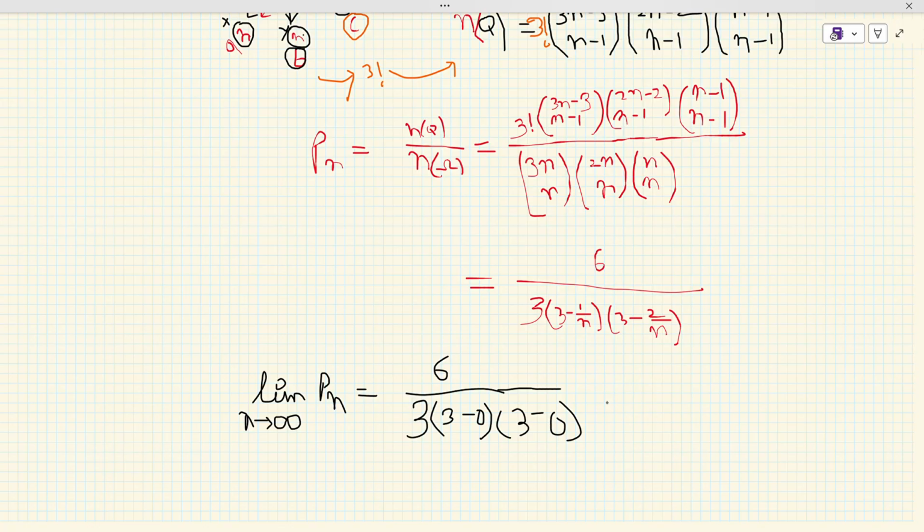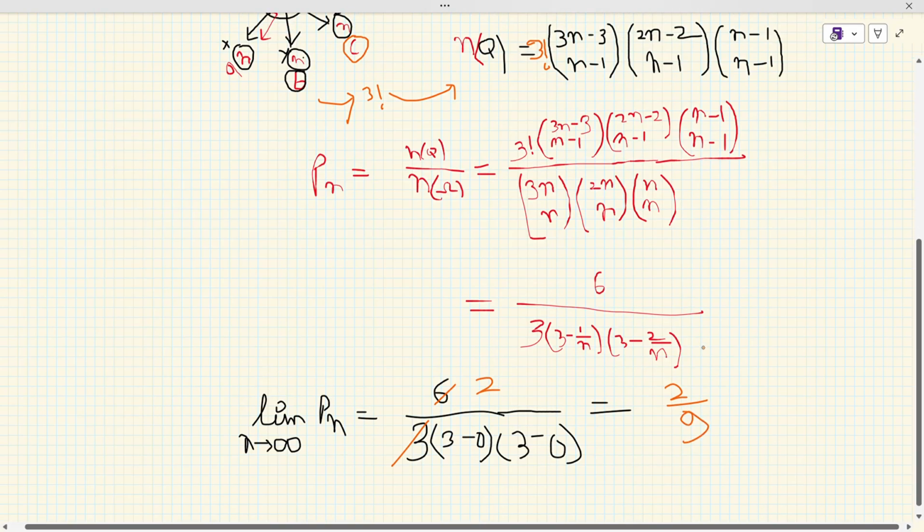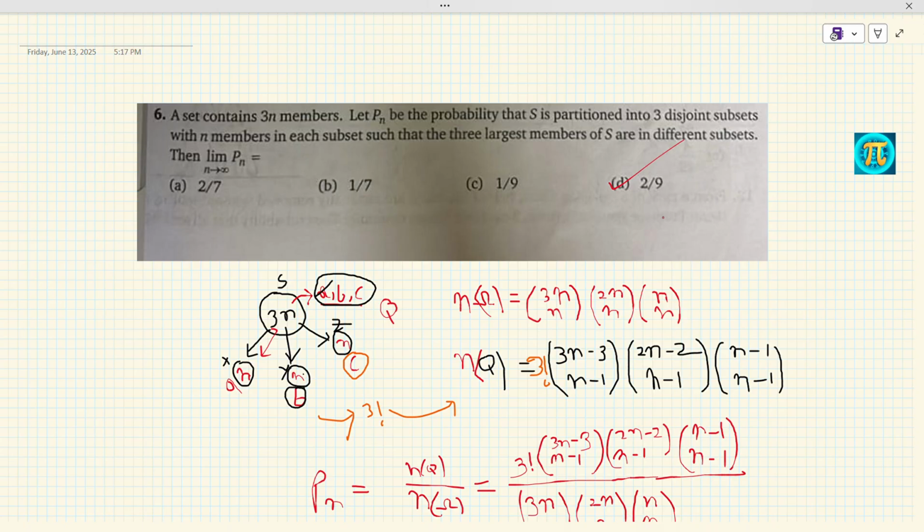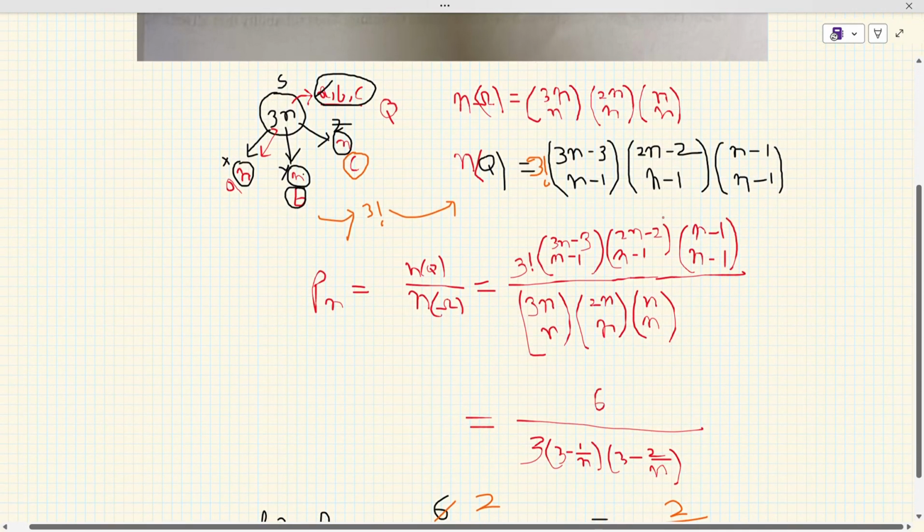Now if we calculate it, it is going to be 2, and 3 into 3 is 9, that is 2 by 9 is the answer. So now let's see what the answer is. That is, the answer is D, 2 by 9. So we have gotten the answer of this.